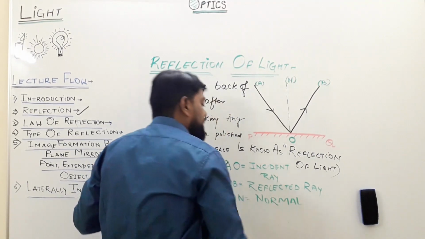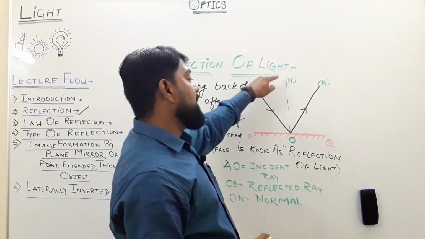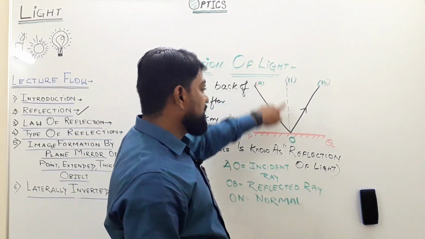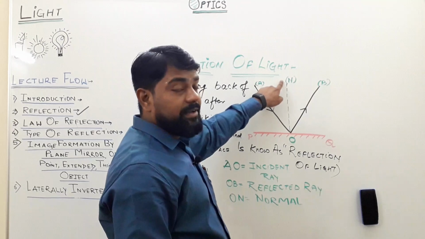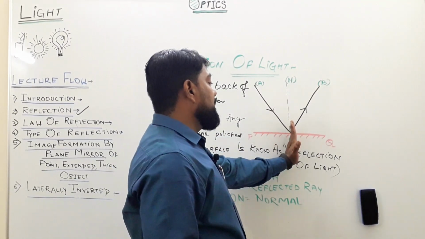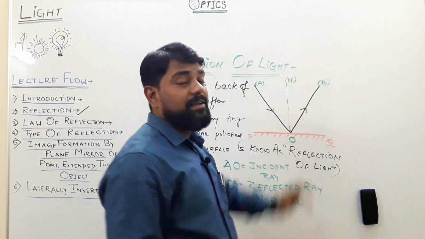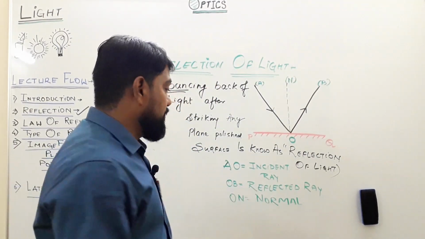It means if any incident ray strikes a plane polished surface along the normal, it will retrace its path and go along the same path in the backward direction. I hope you have come to know.